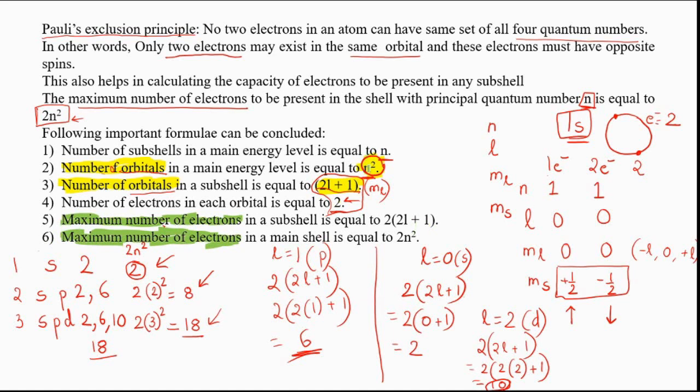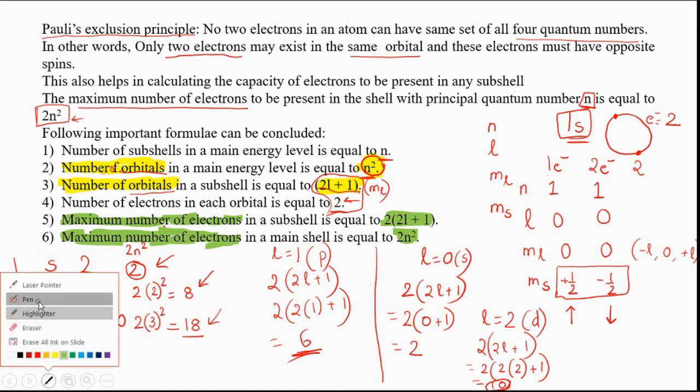So I have to just multiply 2 with this formula or multiply 2 with this formula. Multiplying 2 with 2L plus 1 will give us the total number of electrons in a particular subshell, or we can multiply 2 with n squared and we can get the total number of electrons in any main shell. Now, how is this practically being used?